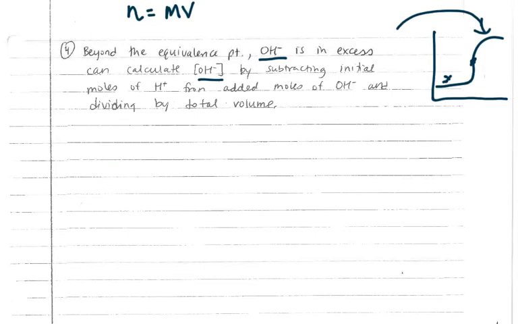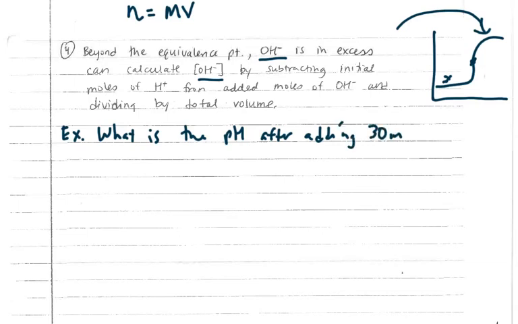So let's say, for example, what is the pH after adding 30 milliliters of NaOH? So we remember that at the equivalence point, we added 25 milliliters, so adding any more than that would give us an excess of OH. So let's figure out how many moles of OH we have and how many moles of H+.